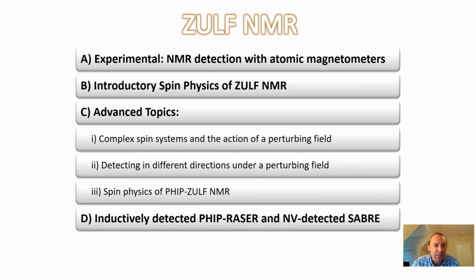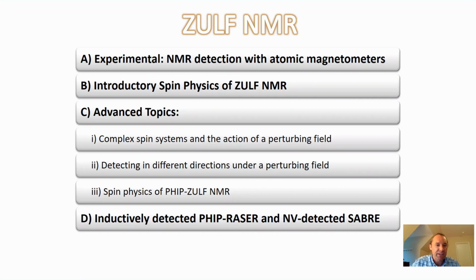Then I want to talk about a very subtle thing that I think is going to be quite interesting moving forward, which is that if you detect your signal along various directions in the presence of a perturbing field, so let's say your direction of detection is along the applied magnetic field or 90 degrees to the applied magnetic field, then the spectra that you observe at very low magnetic fields change in very interesting ways, and it's certainly worth a second look. And this is something we've recently been doing, and I want to explain some of that.